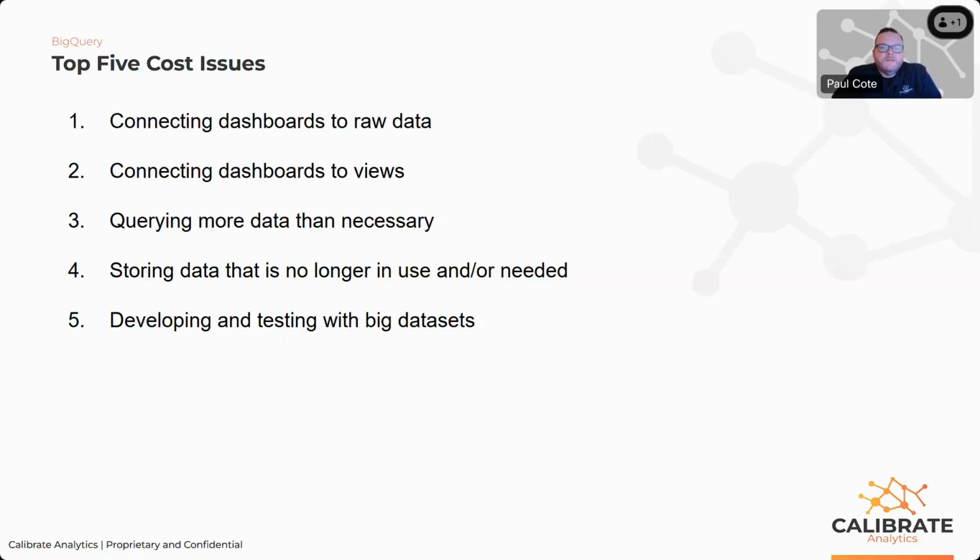There's a lot of testing, there's a lot of queries that are run as you're developing, and working with small data while doing that is a much cheaper way to go about it, because you'll weed out all of those different things that you want to change or go back on. And if you're not processing the entire data set every time, it can often save a lot of that initial cost associated with development.